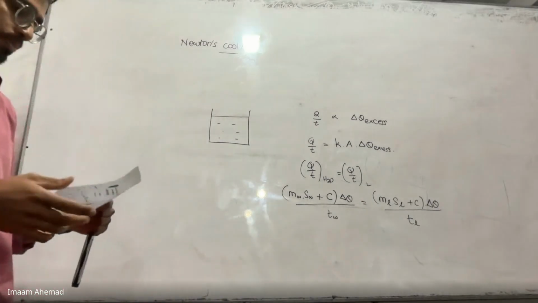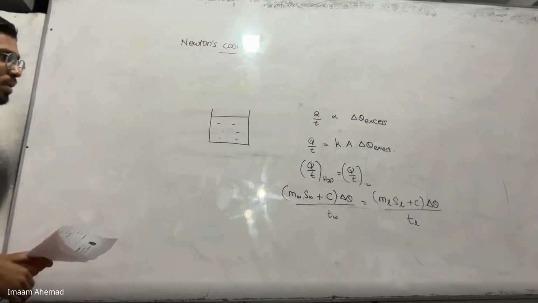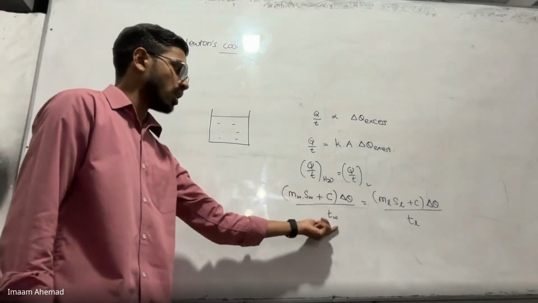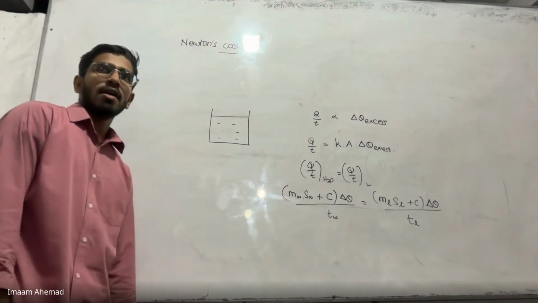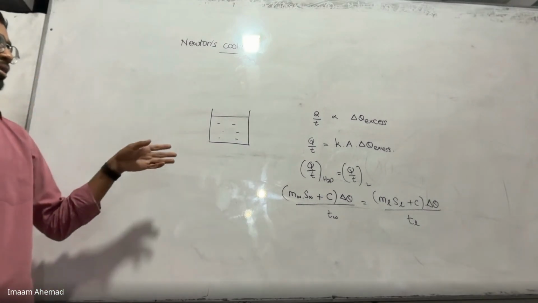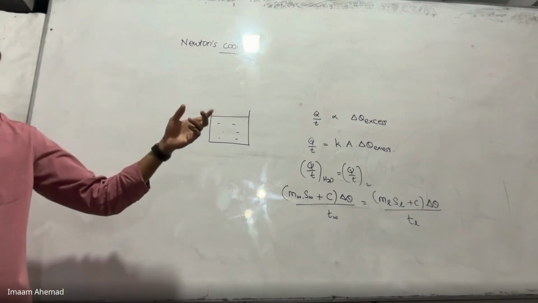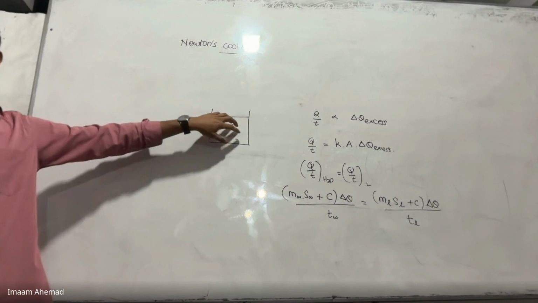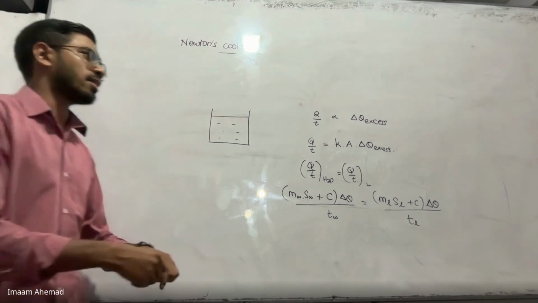Now in this experiment, we need to get this delta theta over T_W. For that, we will plot the temperature versus time for a liquid and the water in a graph.